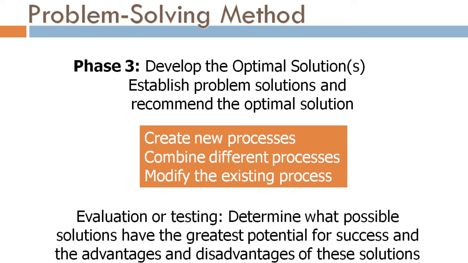And you also have to do evaluation or testing, because you have to determine what possible solutions have the greatest potential for success and the advantages and disadvantages of these solutions. So the objective of this step is that you have to come up with the optimal solution.